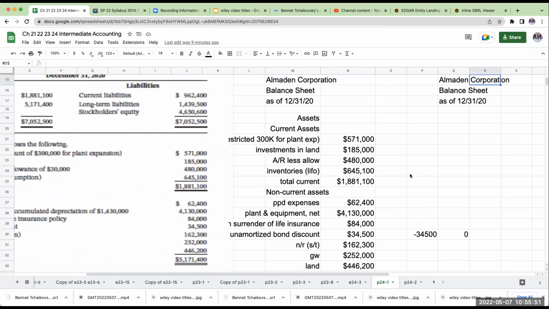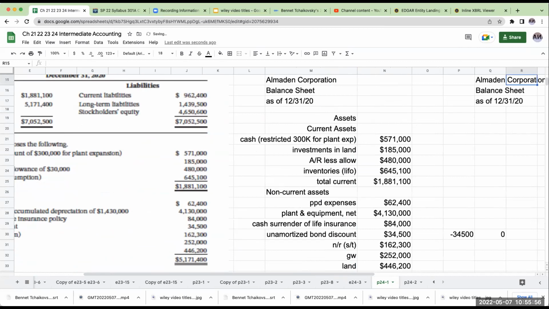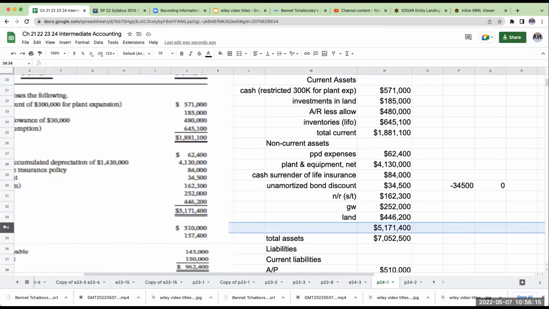Okay. Now let's take a look at the corrected part. So we've dealt with the additional information. Let's take a look at where we are. When we look over here at the cash, if it was me, I would be doing this a little bit differently.